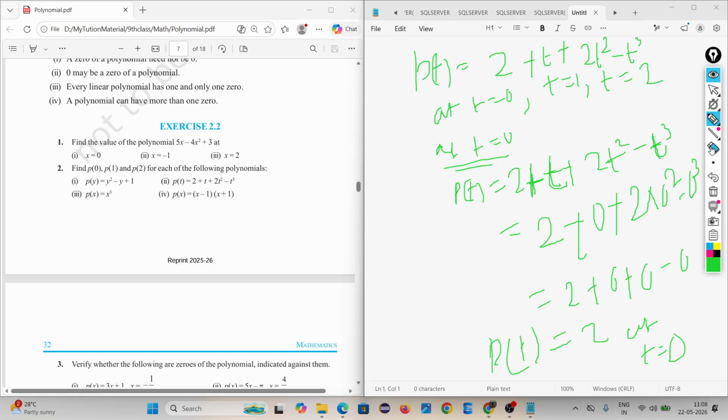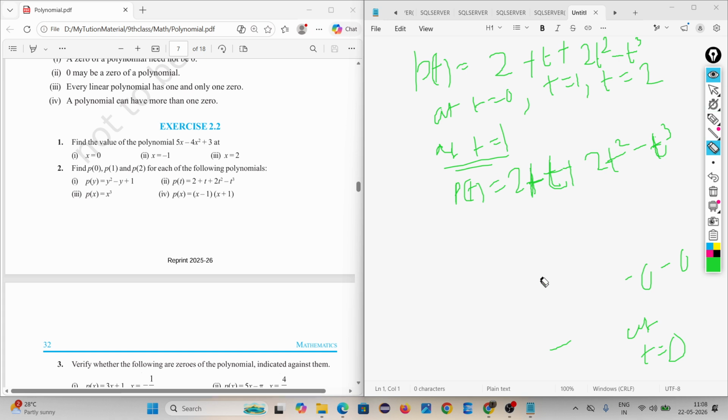Okay. Now find when t equal to 1. Sir, answer 4.